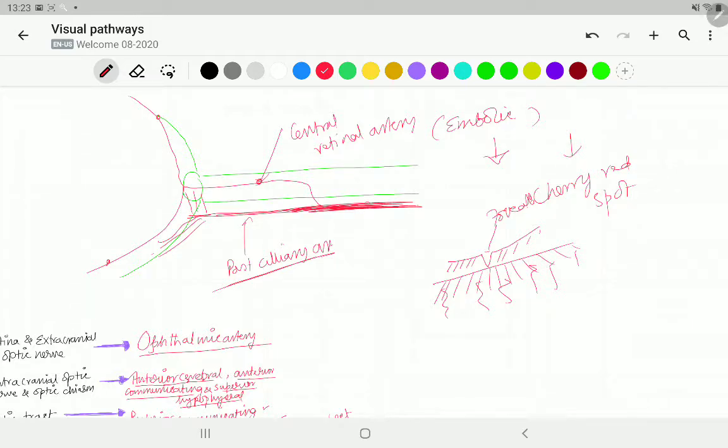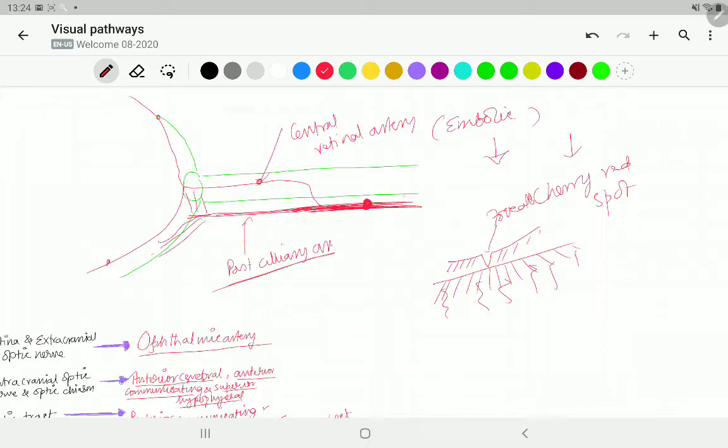Whereas if there is a thrombus sitting in the ophthalmic artery, proximal to the point where it divides into the central retinal artery and the posterior ciliary artery, then the retina will appear pale, and because the posterior ciliary artery is not supplying either, there won't be any cherry red spot.